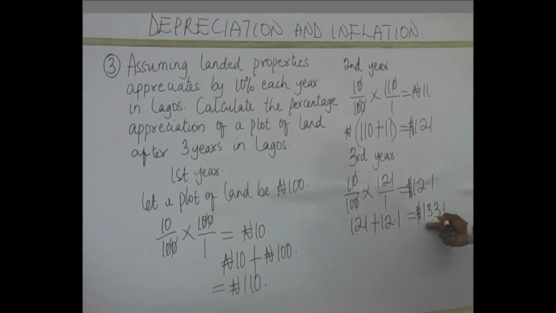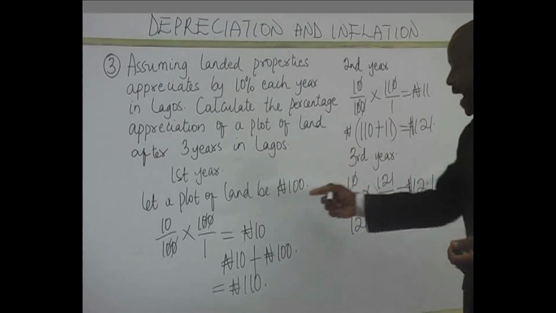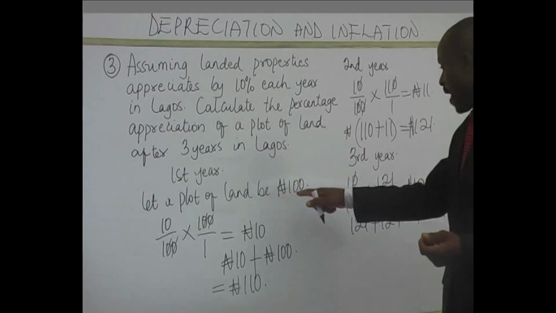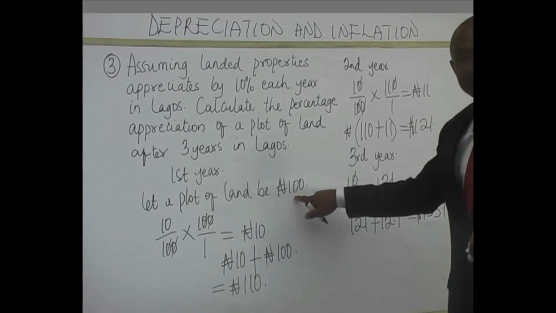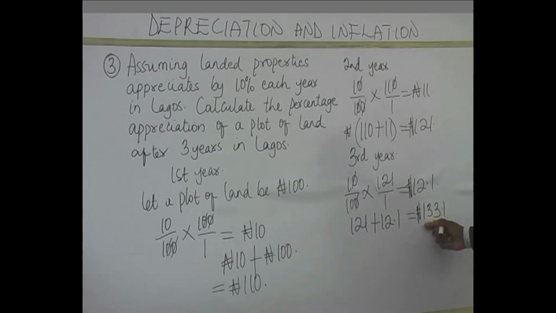So this is the value of the land. So what was the appreciation? The appreciation is subtracting the original value of the land from the onset, from what it appreciated from. That will give you the appreciation.